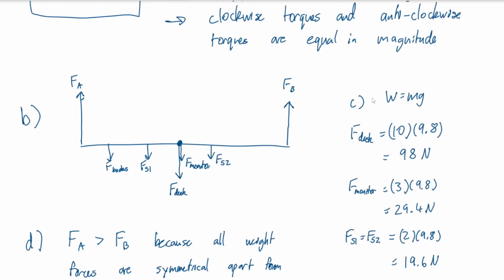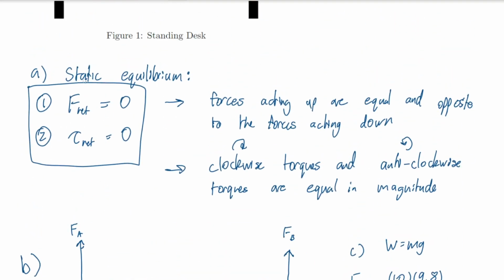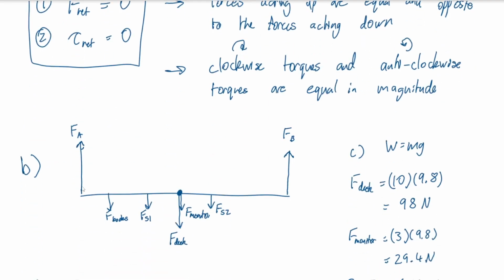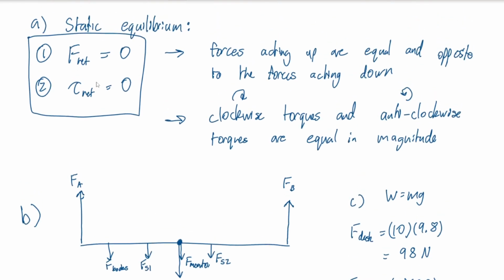So back to our free body diagram, we know all of the downwards weight forces, and we now need to use these two conditions to solve for the magnitudes of FA and FB. This is called an equilibrium analysis, where we apply these two conditions.